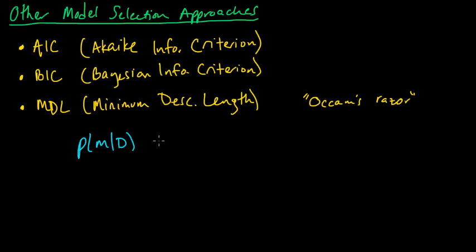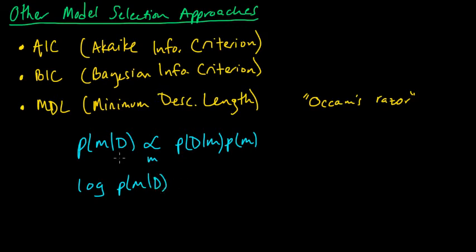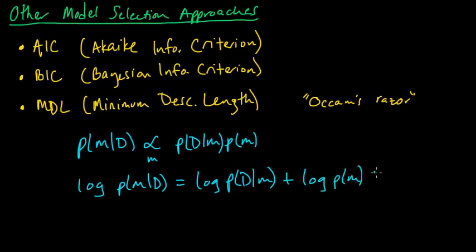And this is proportional, I think we wrote this down in that video, with respect to m, to the probability of the data given the model times the probability of the model. So if you took the log of the probability of the model given the data, and of course maximizing the log is the same as maximizing the original thing, that's equal to the log of the probability of the data given the model plus the log of the probability of the model plus some constant.